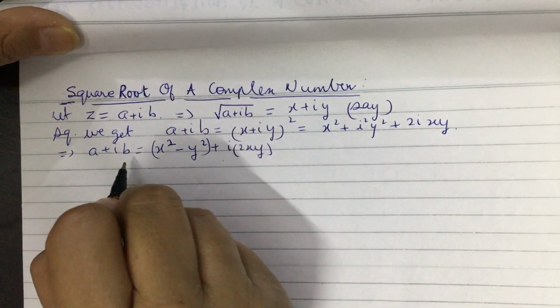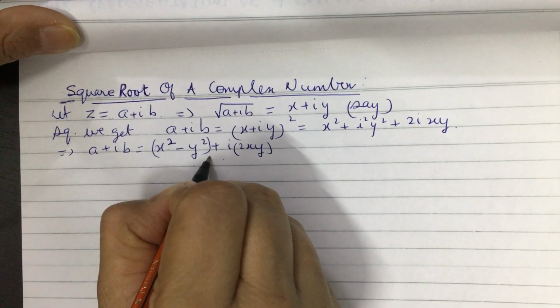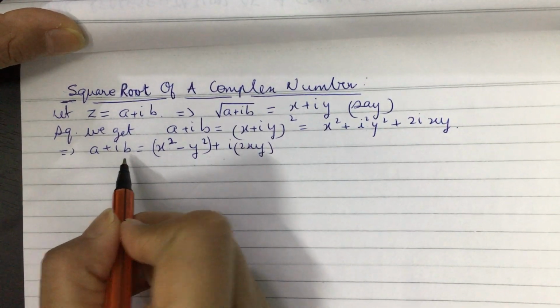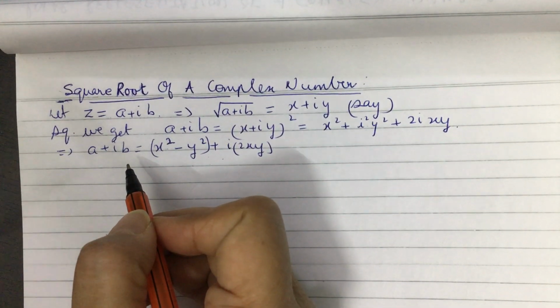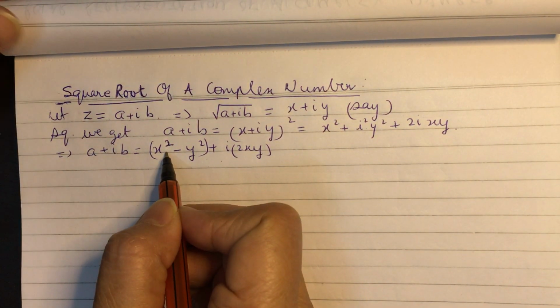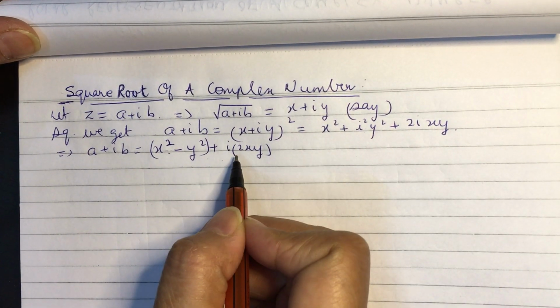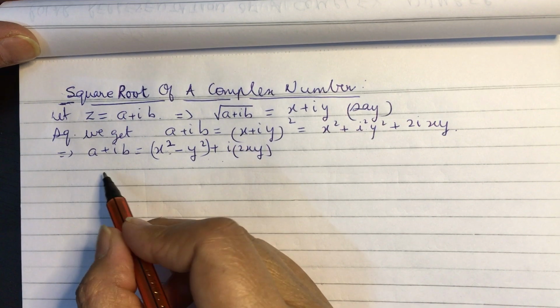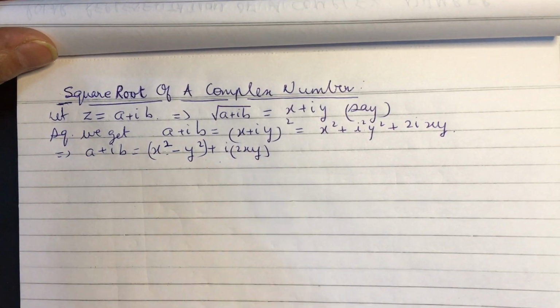Now, we also know how to compare two complex numbers. If you compare the real part with the real part and the imaginary part with the imaginary part, we get the required values.